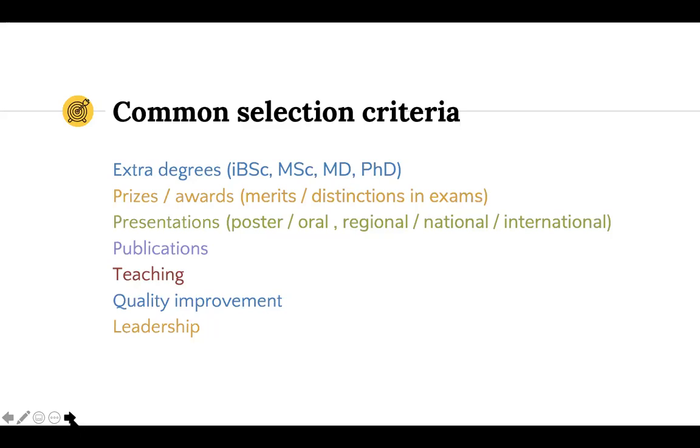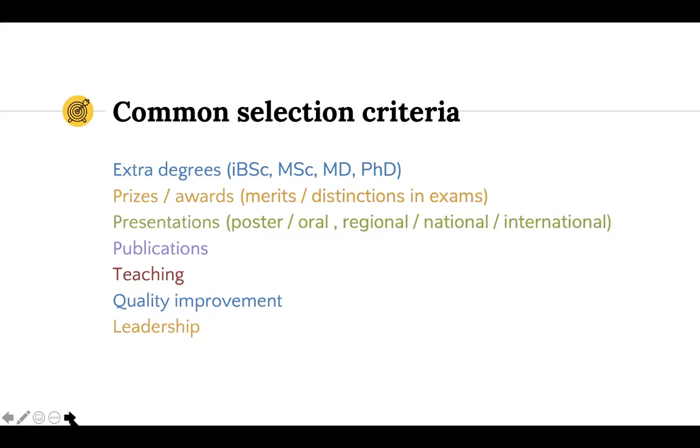Then presentations: provide evidence of any posters or orals which you have presented. You get the most points if it's an international presentation, fewer points for a national presentation, and fewer still for a regional presentation.